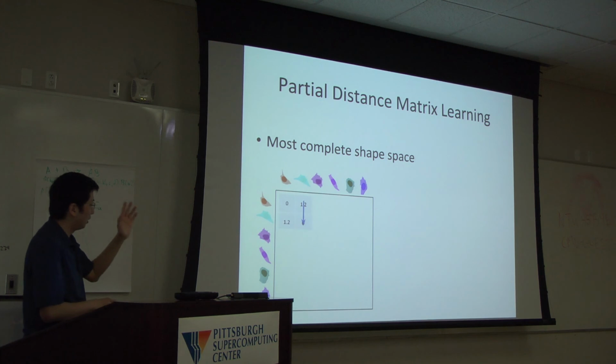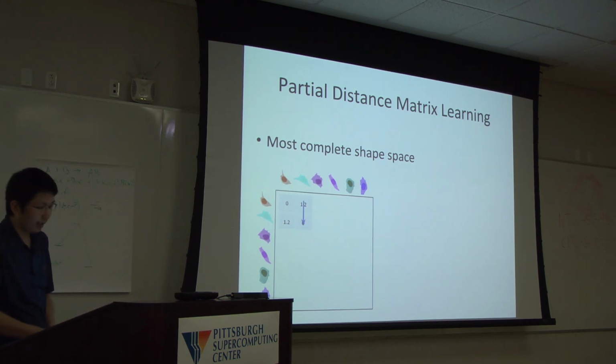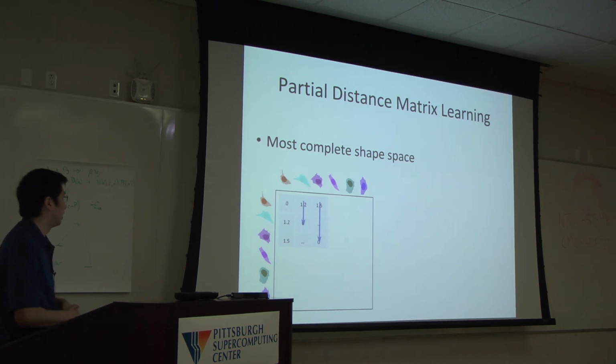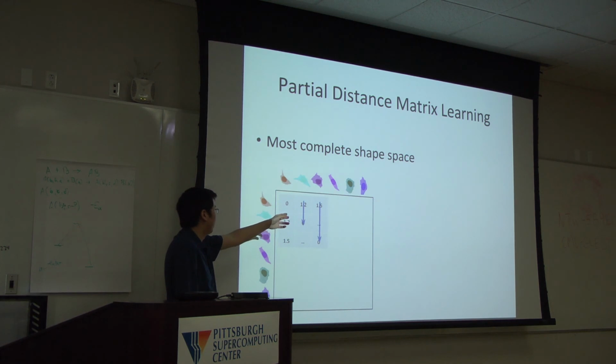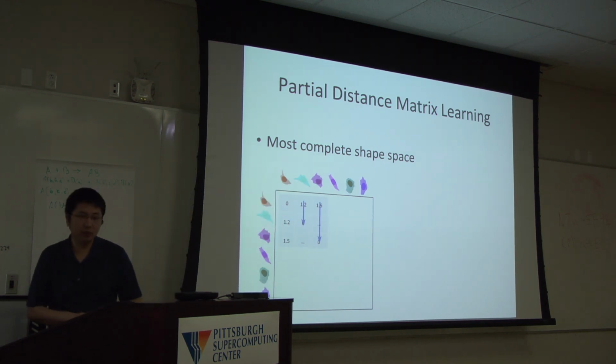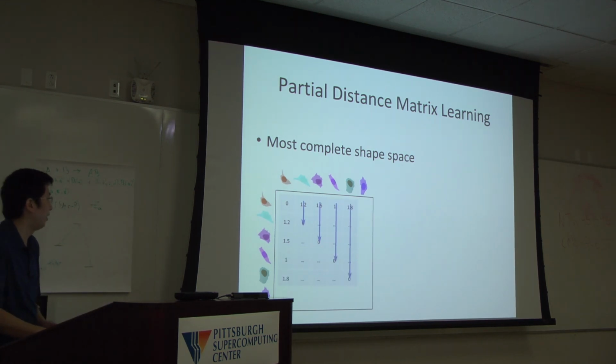And after we do that, then we can add a new cell and compute this column of distances. So we can get a distance matrix 3 by 3. And every time we add a new cell, this is 4 by 4 and 5 by 5.